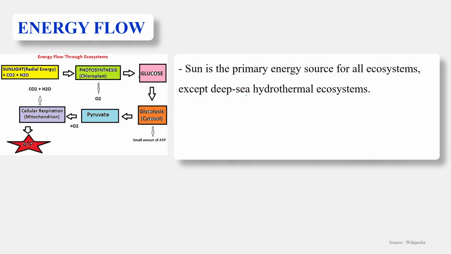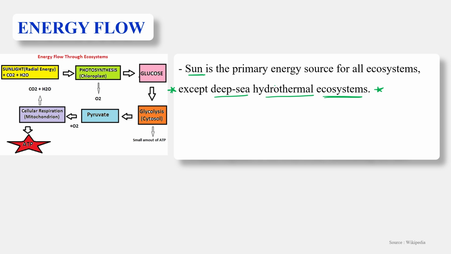Now energy flow. As you know, the sun is the primary source of energy for any kind of ecosystem except the deep sea hydrothermal ecosystem. This is the exception, because at such a deep area, sunlight is not able to penetrate. So in the deep sea hydrothermal ecosystem, the sun is not the primary source of energy.